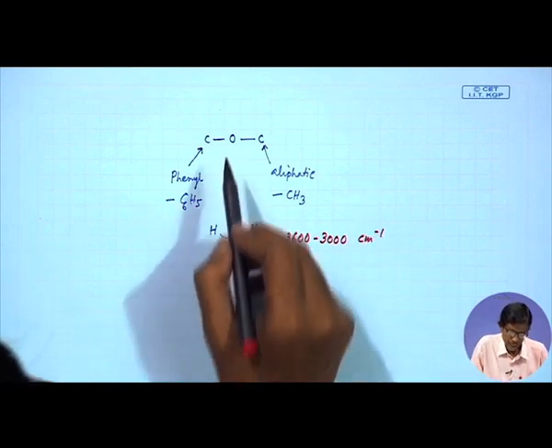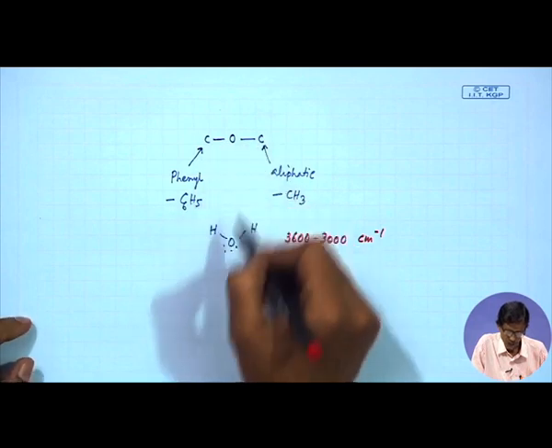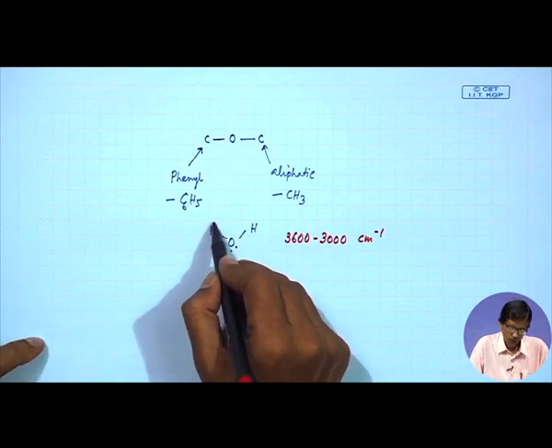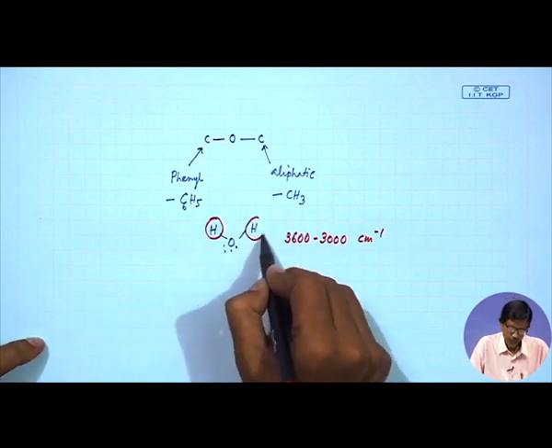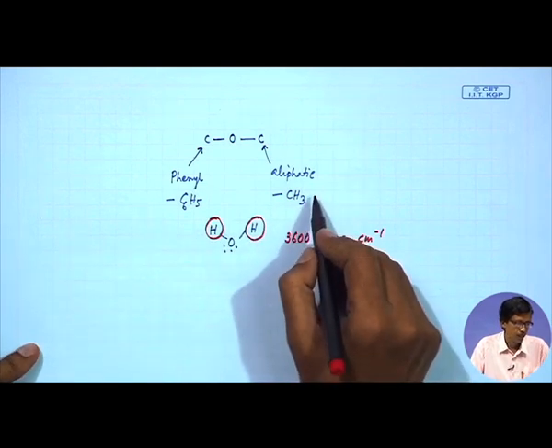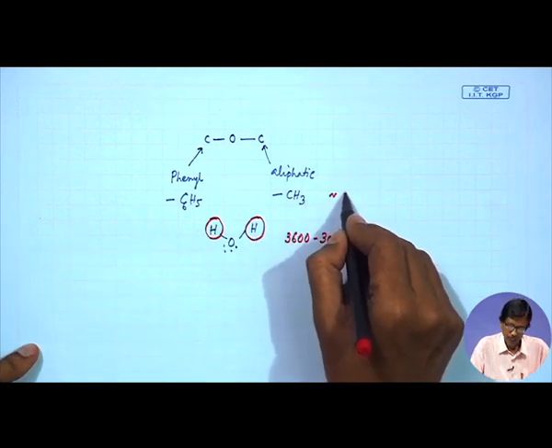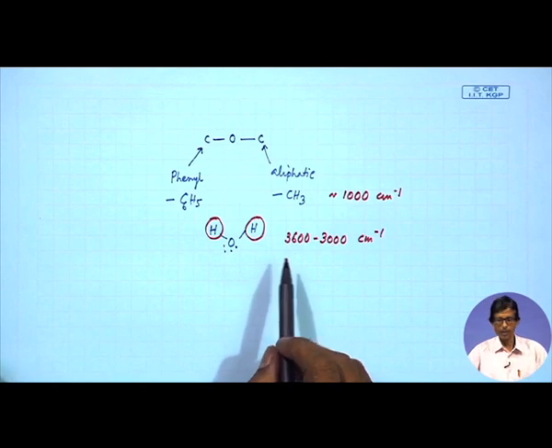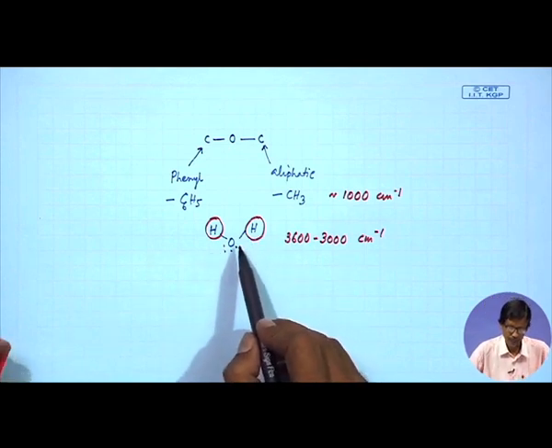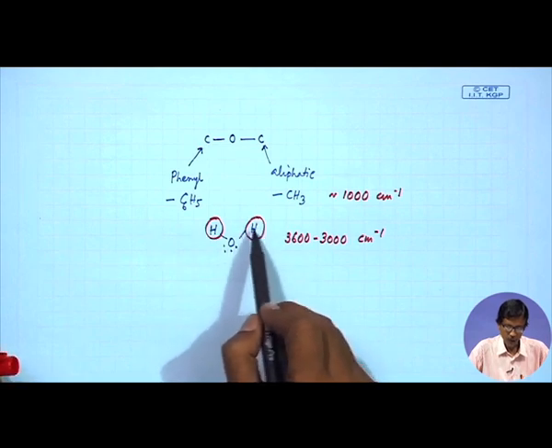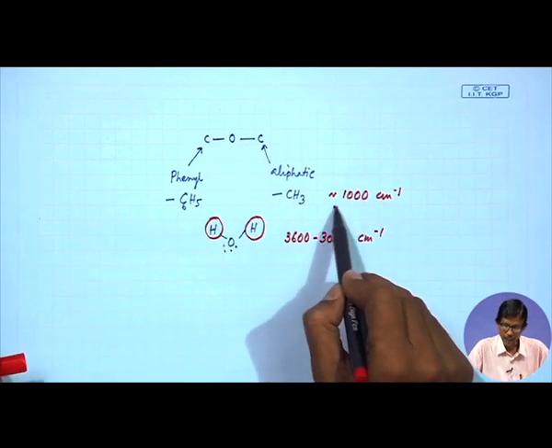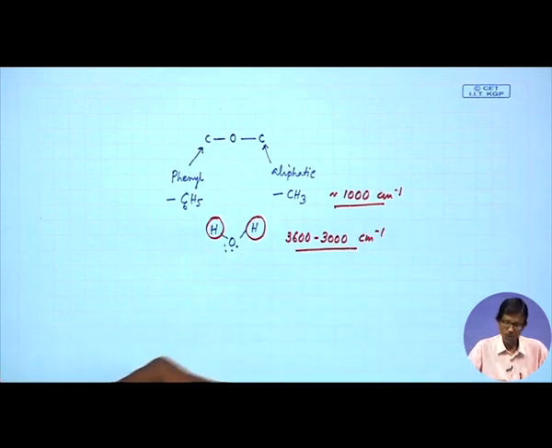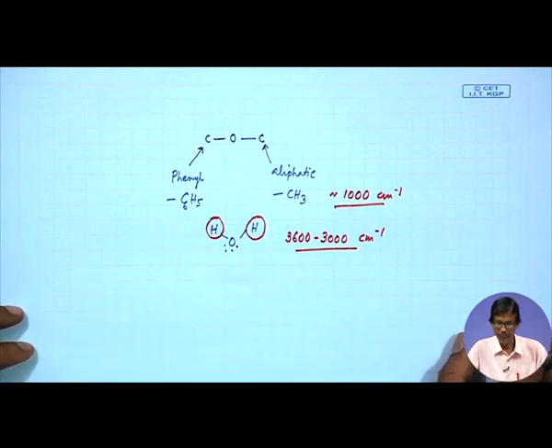The change in basic skeleton is not that it is linear, it is also an angular form, but the replacement of hydrogen by these carbon centers will move this particular stretching to the range of say 1000 centimeter inverse. So, we should always keep in mind what structural change is taking place, and the replacement of a very small atom like hydrogen by carbon will dramatically change the corresponding stretching frequency from 3600 to 3000 to 1100 centimeter inverse. Okay, thank you very much.